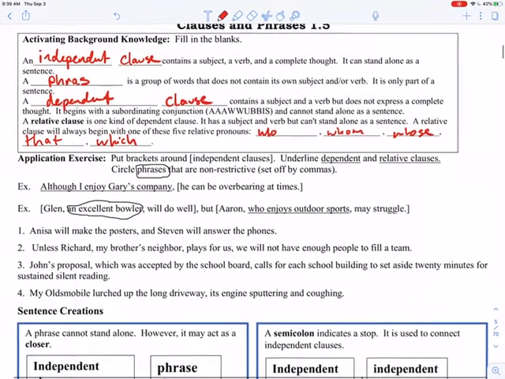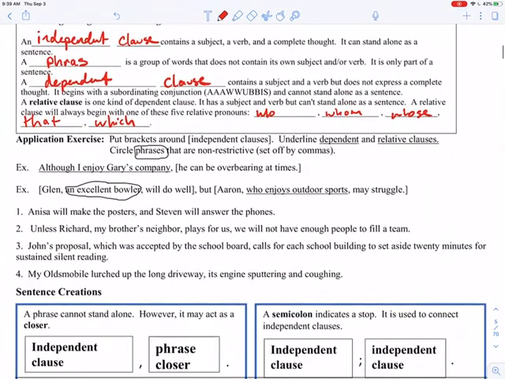Looking at the examples, although is an AWUBIS. So, I enjoy Gary's company. We have a subject-verb combination, which means we have a clause, and this could be its own sentence and stand alone.